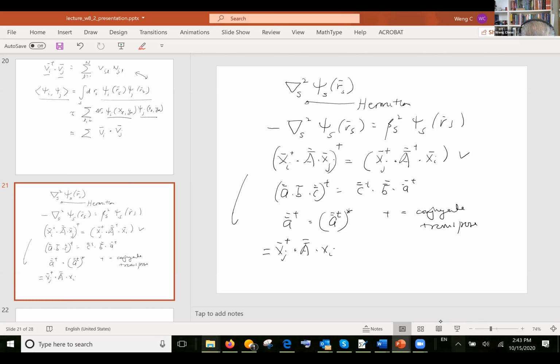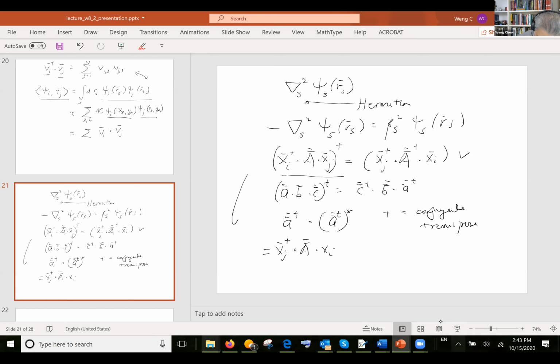Let me see if I get it correct. If I take the conjugate transpose of that, I get that, and that should be equal to that. So you can use this property, the inner product property, to define what the Hermitian matrix is.